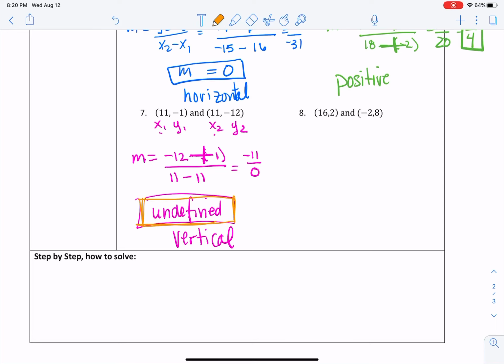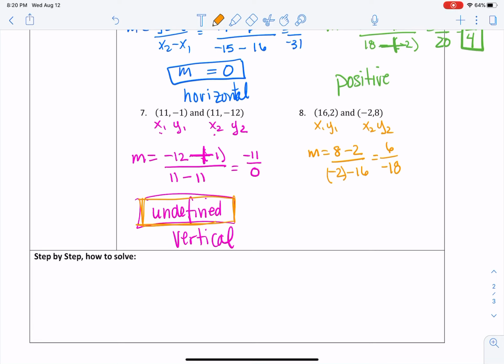So again, label x1, y1, x2, y2. M equals 8 minus 2 over negative 2 minus 16. That's 6 over negative 18. The negative doesn't really matter where it is on top or bottom.